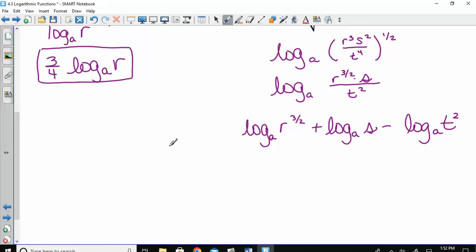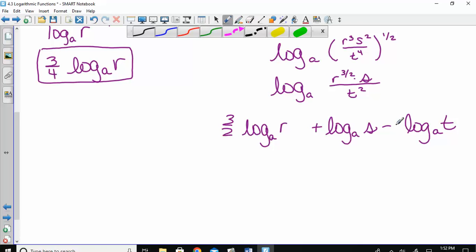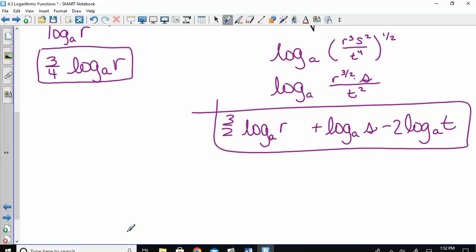So anything on the bottom gets subtracted. But I'm not done yet. What's wrong with it? Exponents can come down. So you can either rewrite it, or if you just want to bring those down right here, so it would be a 3/2 log base A of R plus log base A of S. This one, 2 comes down, so minus 2 log base A of T.